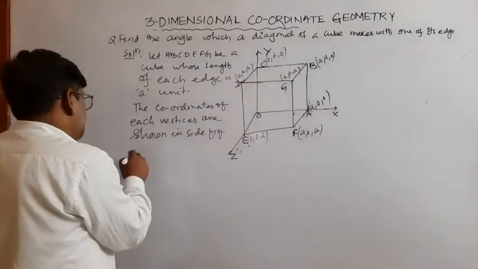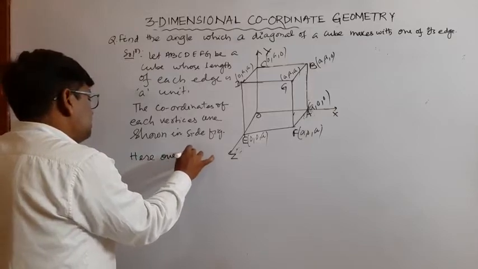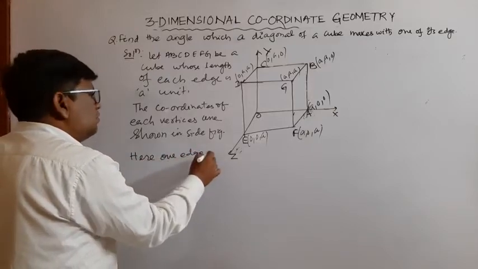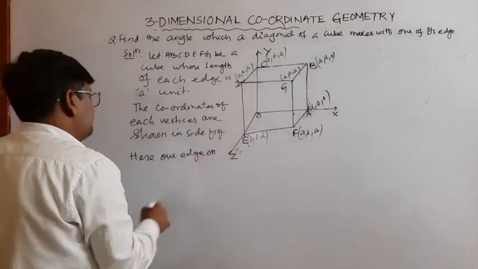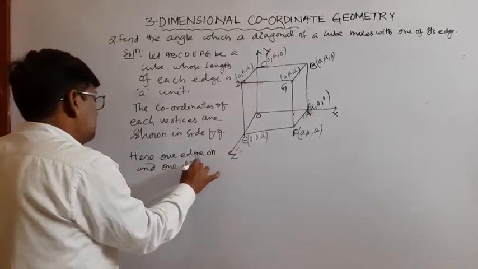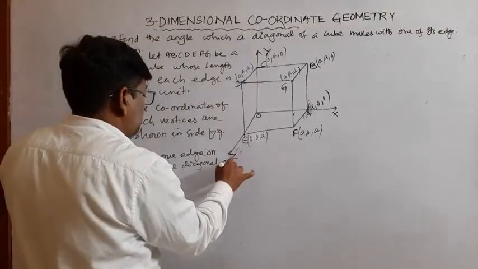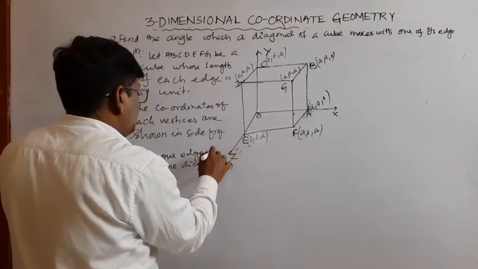Here one edge is OA and one diagonal is OG.